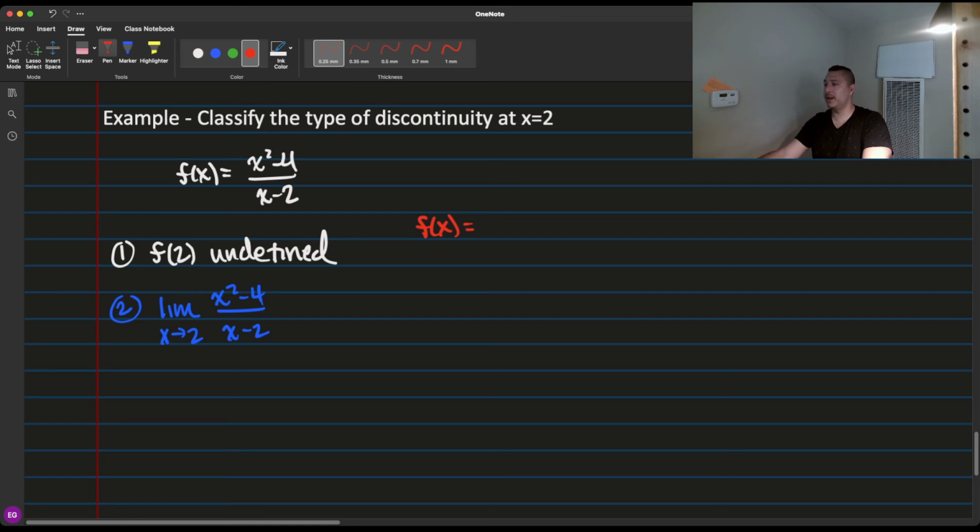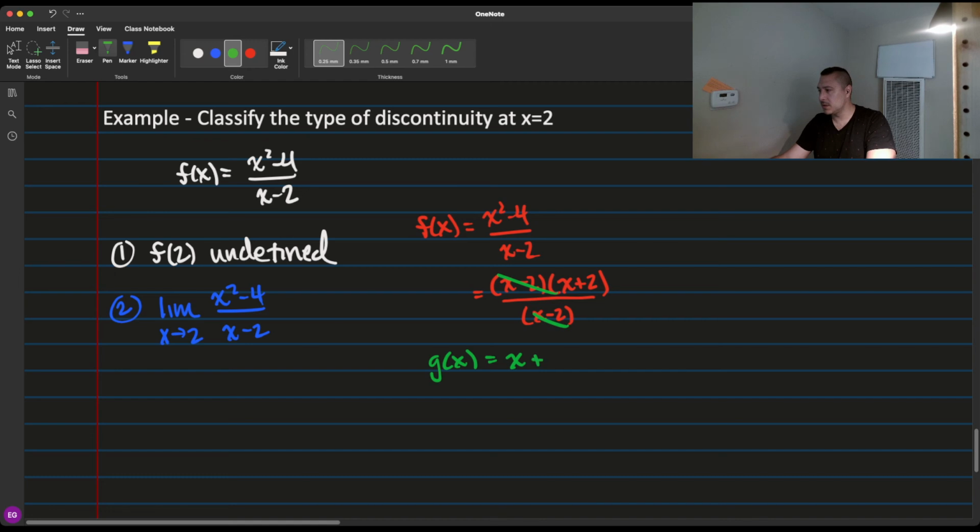If your f of x is x squared minus 4 over x minus 2, that is x minus 2 times x plus 2 over x minus 2. The x minus 2's cancel, which means now you have a g of x equal to x plus 2. We now know that f of x equals g of x except when x is equal to 2. So they agree except at a point.